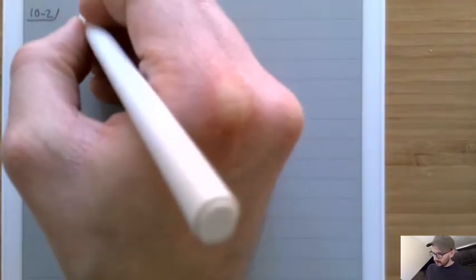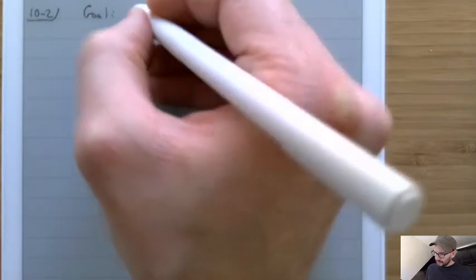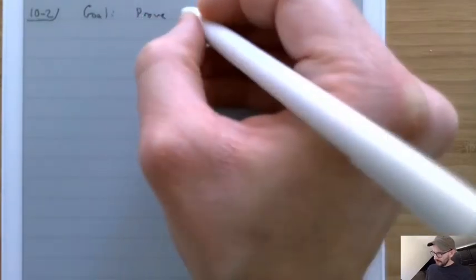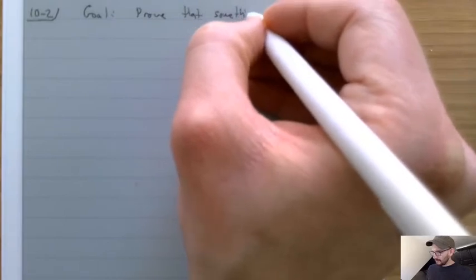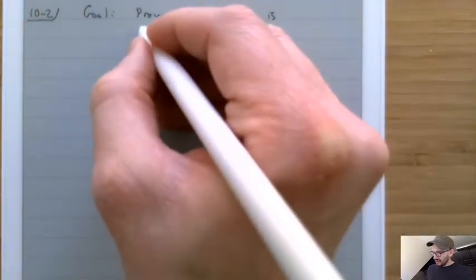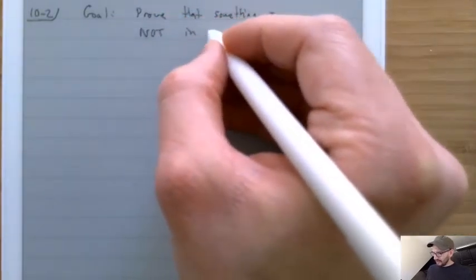is sometimes to prove something about an infinite set, our goal is to prove that something is not in an infinite set.